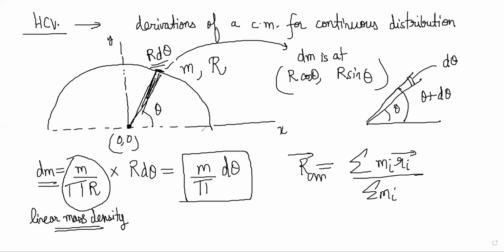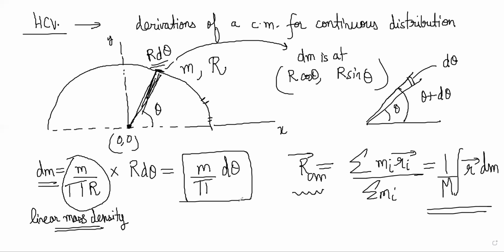We have infinite such small elements, because this dm is very small, d theta is really small. So instead of a summation, now it becomes an integral. The integral is basically 1 by total mass integral of r dm. This is what you have to do to find the location of center of mass.